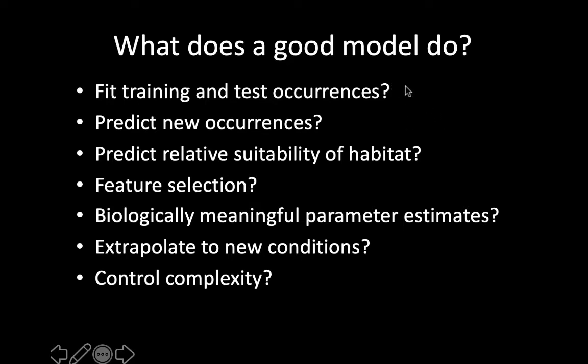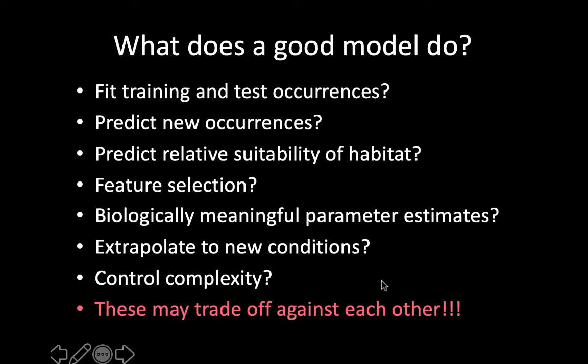We're going to dive deep into this in a second, but one of the things that's really problematic about this is that these may trade off against each other. It's possible that if you want your model to do this right, you basically can't do that right. If you want your model to do this right, maybe you can't do that right.